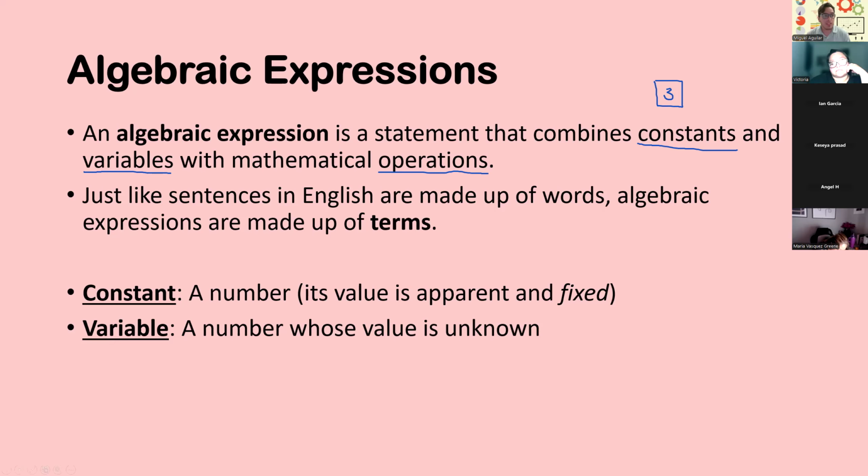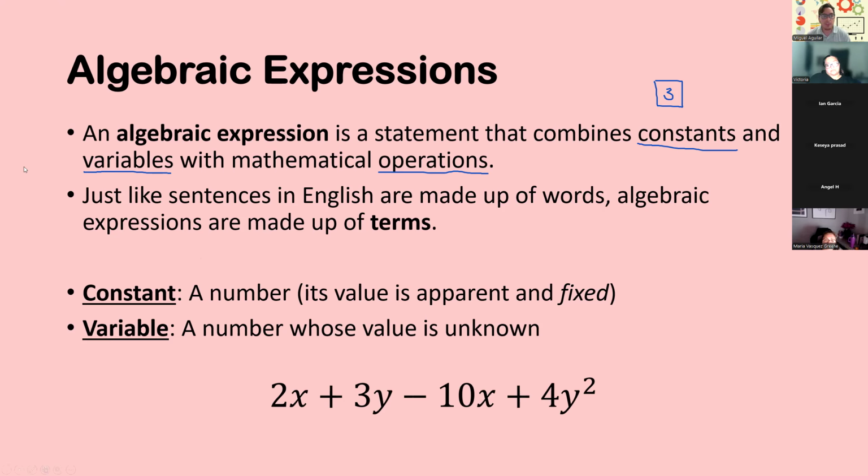Okay. So an algebraic expression is a statement that combines constants, variables, which are usually represented by letters, and mathematical operations. And for now, we can just think of those operations as being addition, subtraction, multiplication, division. Some of us are familiar with exponents, but down below, I have an example of an algebraic expression.